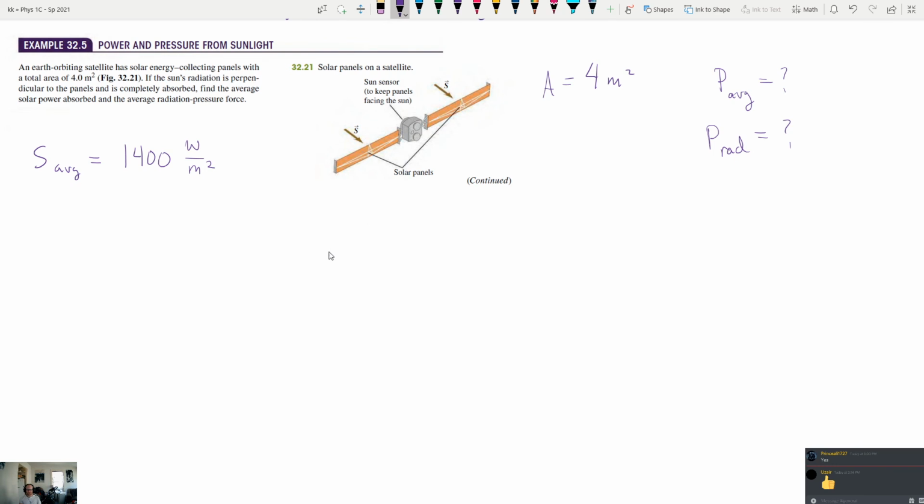So first thing we can do is to say that S average is equal to power average divided by area, which means that if I take S average times the area, I'm going to get the average power. This is like what we did with the solar panel. So this is going to be 1400 watts per meter squared times area, 4 meters squared.